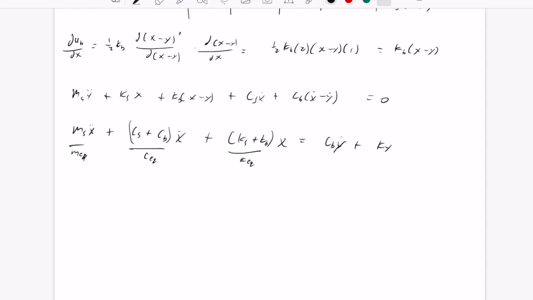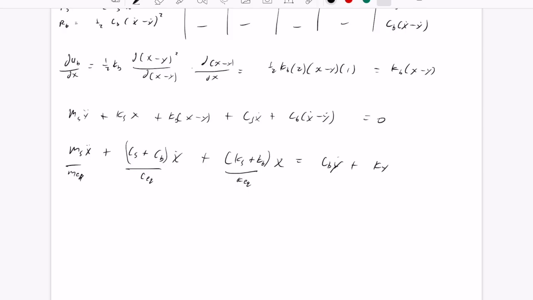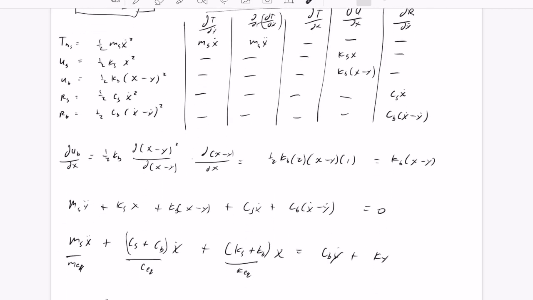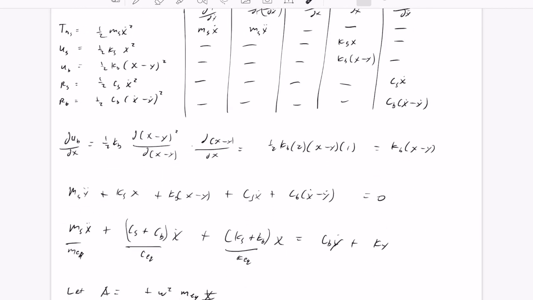Okay. Now, for our system, we can let A equal to positive omega squared M_EQ X, B equal to positive omega C_EQ X, and C equal to K_EQ X. Okay, so this is what's really the reason I like showing this kind of generic system, is you can see that our equations of motion are the same form.